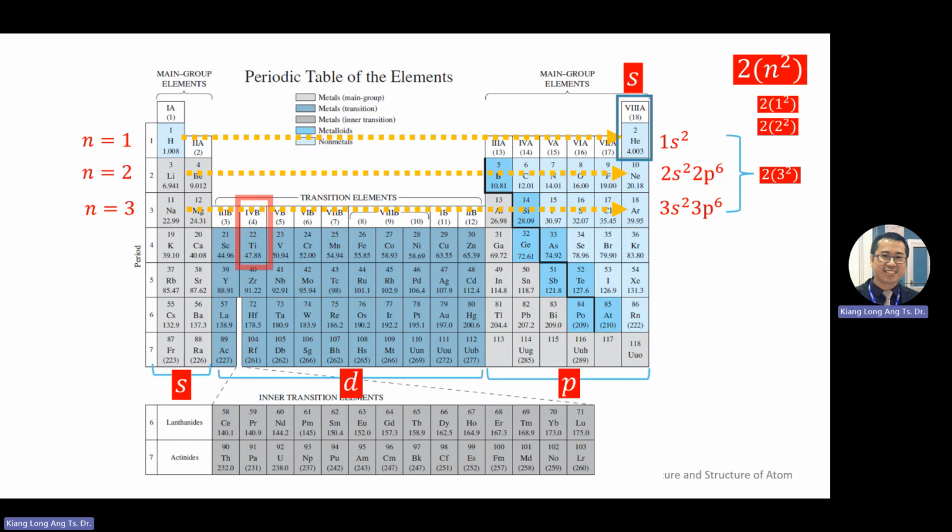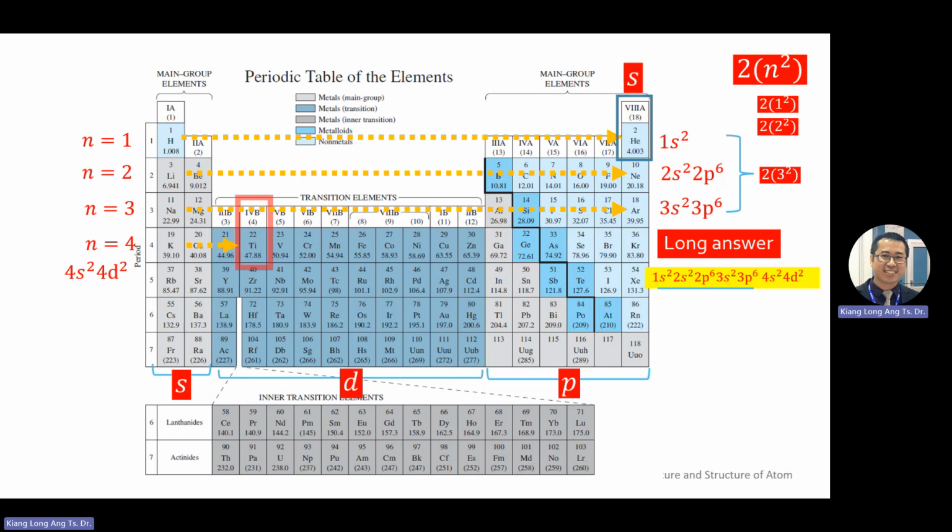So once you label s, p, d, you can straight away read the spdf configuration from the periodic table. For example, oxygen just now is here, right? Oxygen is located here. So you read the first row, you write 1s2.